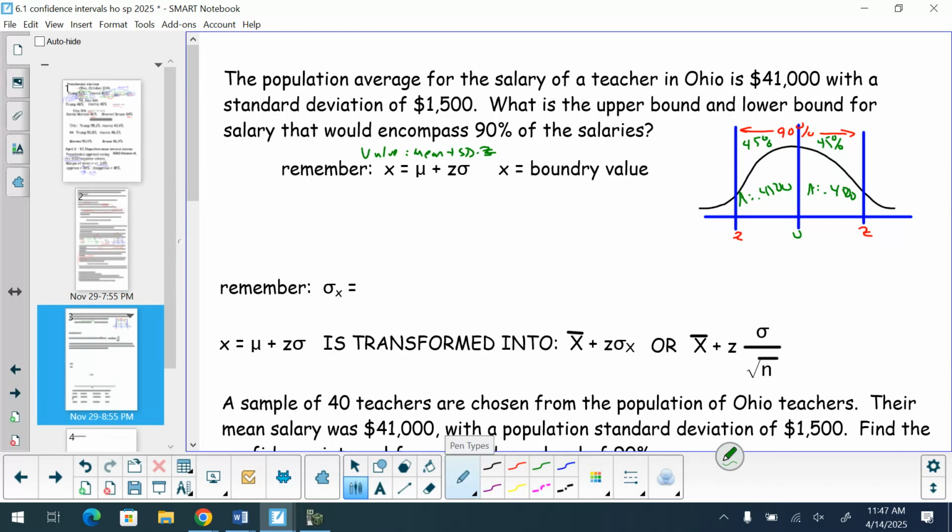So I said you can use either 1.64 or 1.65, but what we're going to use now is the value of 1.65. And we have a negative value here with the 1.65. And then we calculated two values by taking our mean, which is 41,000, and our standard deviation of 1,500.